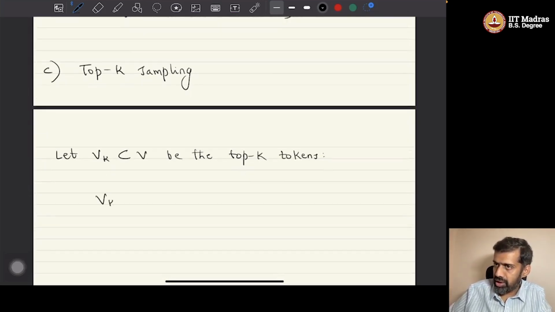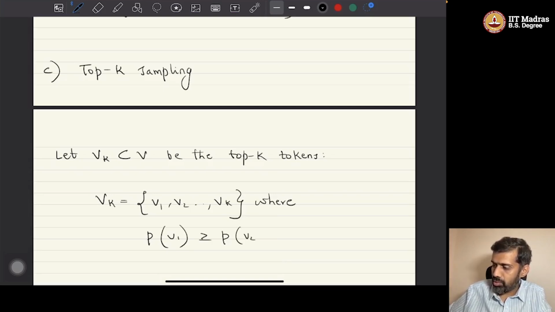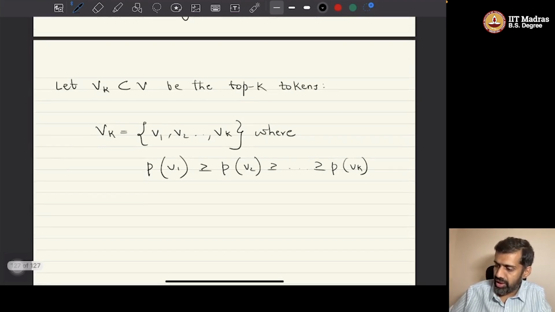How do you define this? Vk is equal to v1, v2, up to vk, where we rank order the probabilities of all these tokens: f(v1) greater than or equal to f(v2) greater than or equal to ... up to f(vk). What we do is first we define a truncated distribution by renormalizing the given distribution.